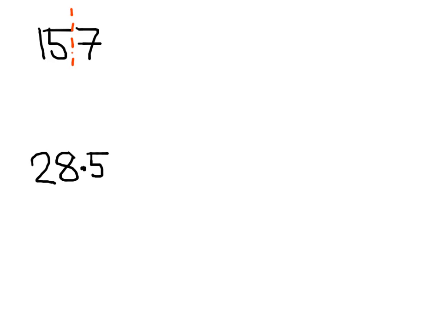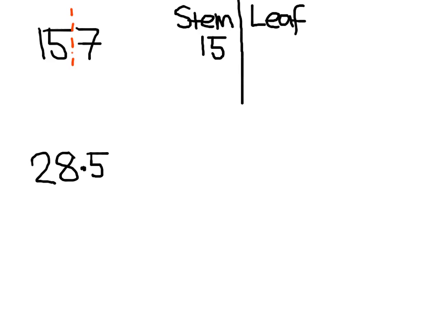So the stem and leaf plot would look a little like this. So we would put 15 on this side and 7 on the other.